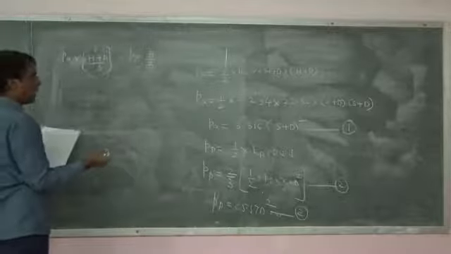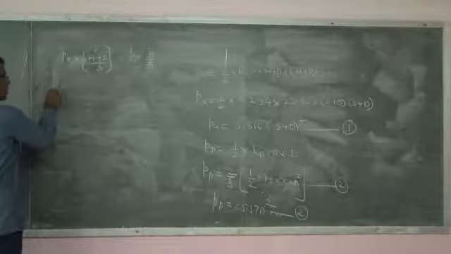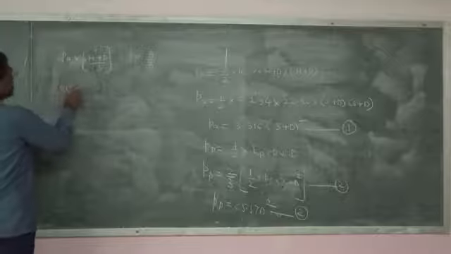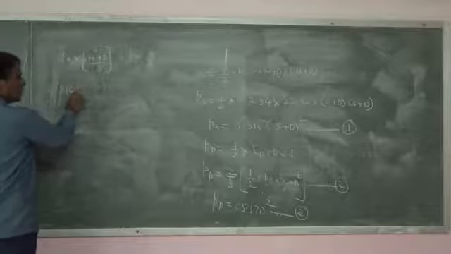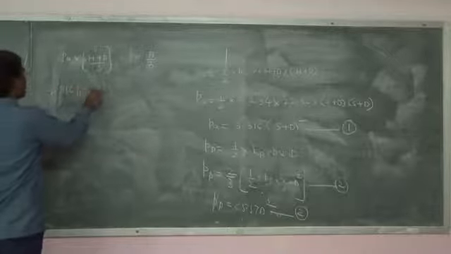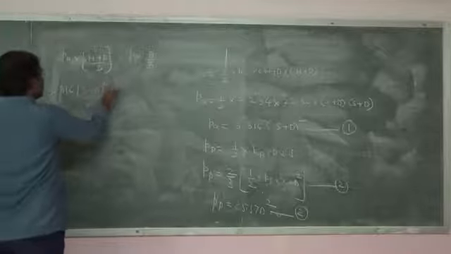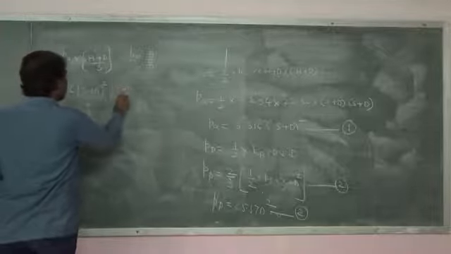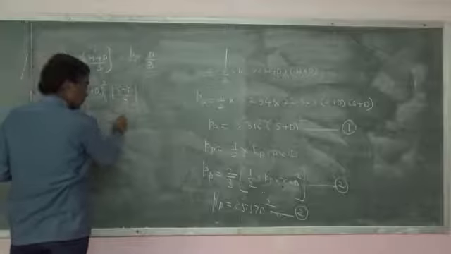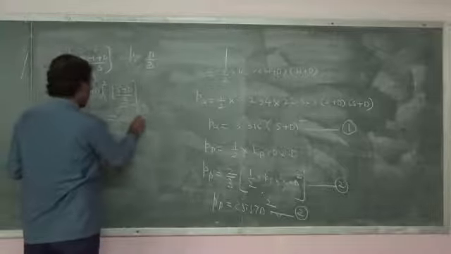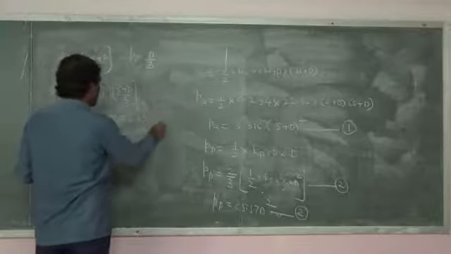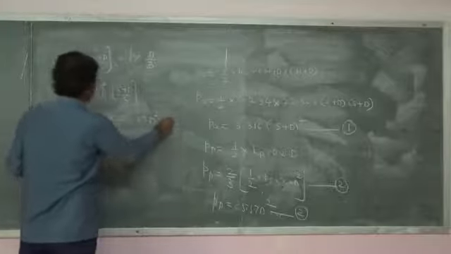So PA is 3.316 into 5 plus D whole square into 5 plus D by 3, equal to 25.57 D square into D by 3.